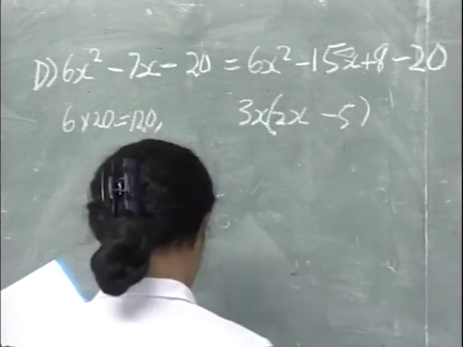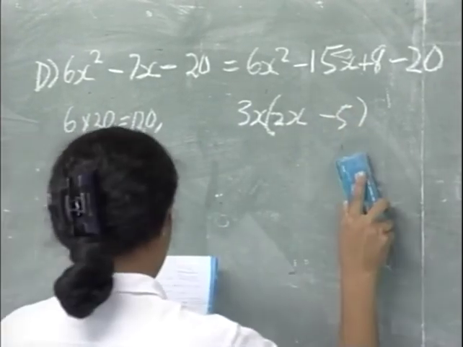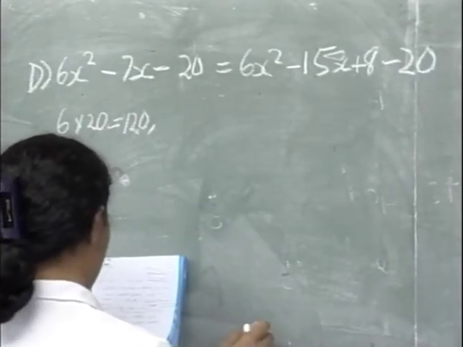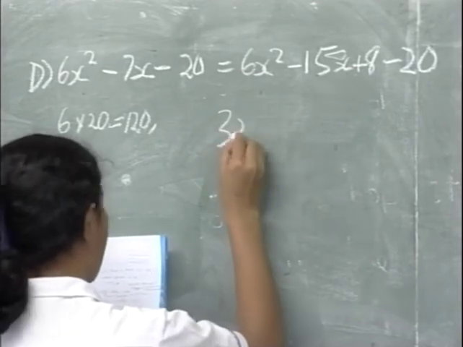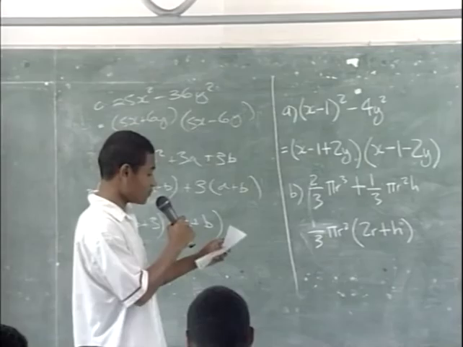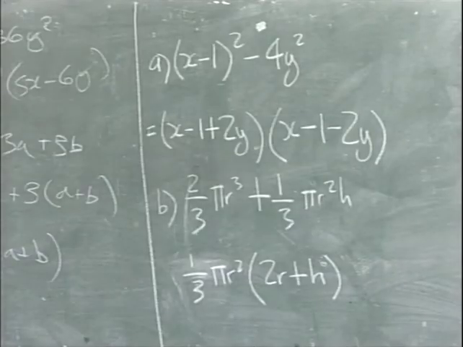Okay, we go ahead. The first method we used for A is difference of two squares. When we factorize the equation, we got x minus 1 plus 2y in one bracket times x minus 1 minus 2y in the other.